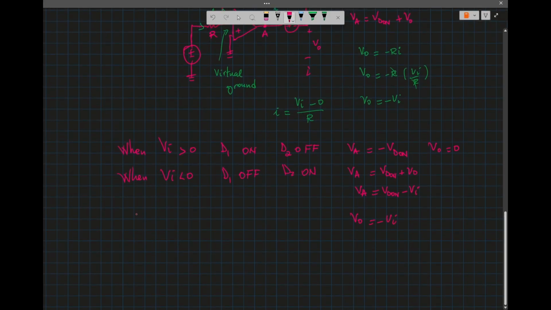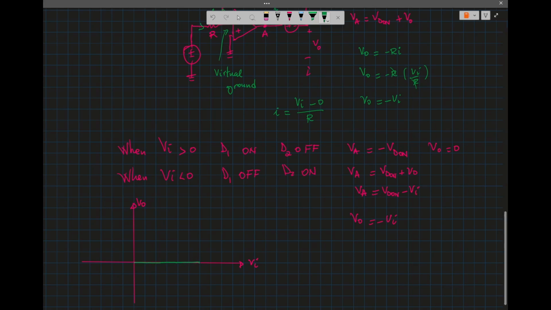So you can sketch the transfer characteristic. We have V0 here, Vi here. When Vi is positive, V0 is 0.